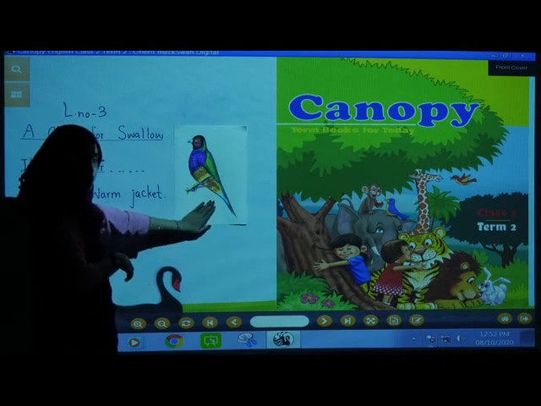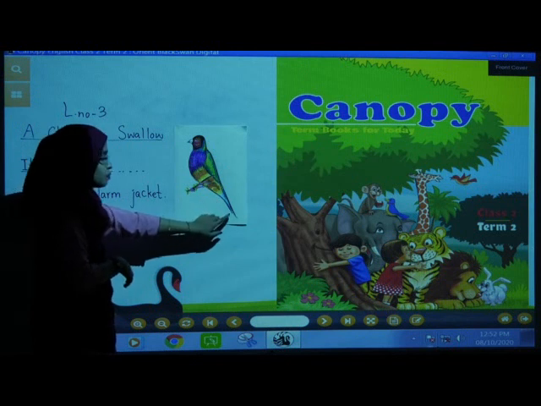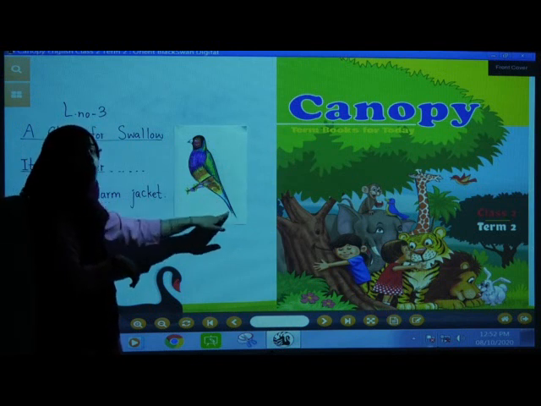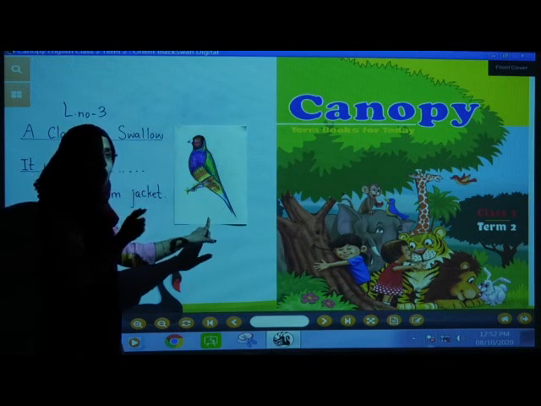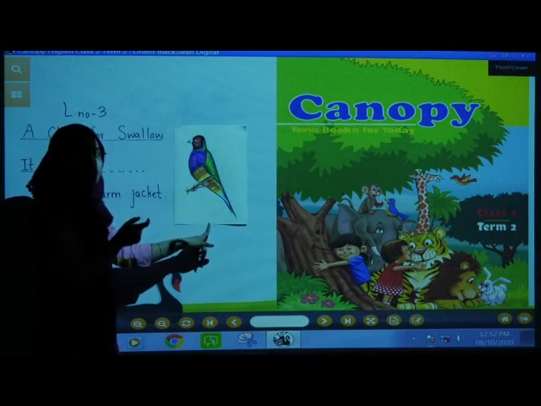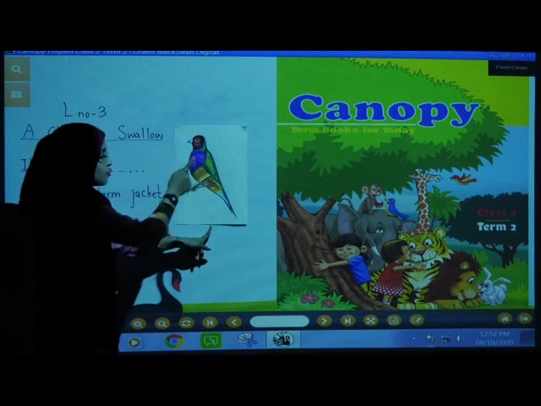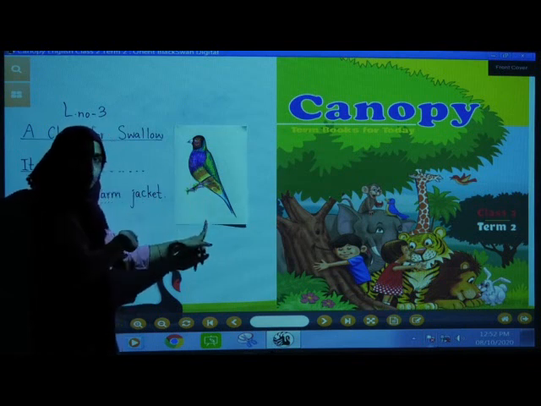For this swallow, this small bird with a pointed V-shaped tail, we are going to learn a story about how its friends make a cloak for this swallow. Okay?